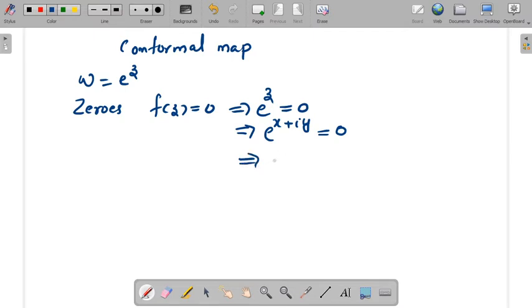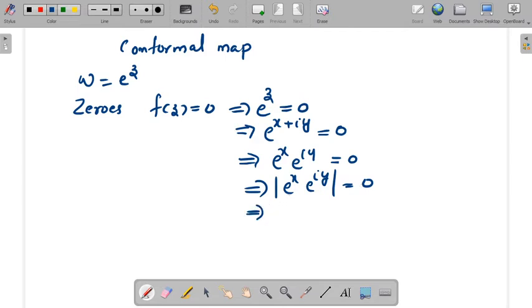This implies e raised to x into e raised to iy should be equal to 0. So this implies the modulus value of e raised to x into e raised to iy should be equal to the modulus value of 0, which is 0.